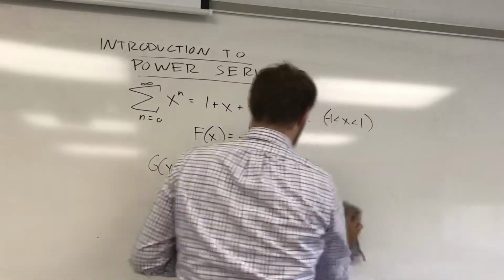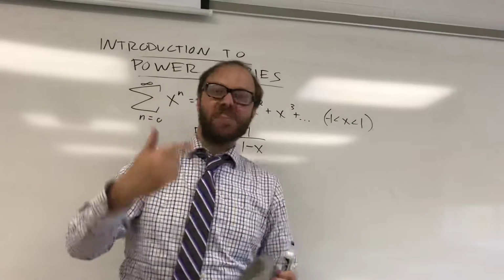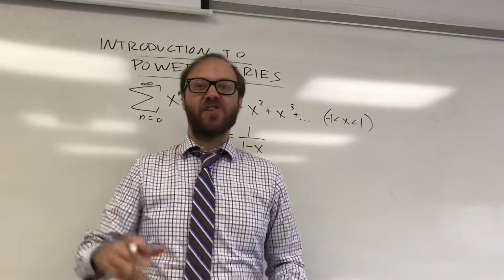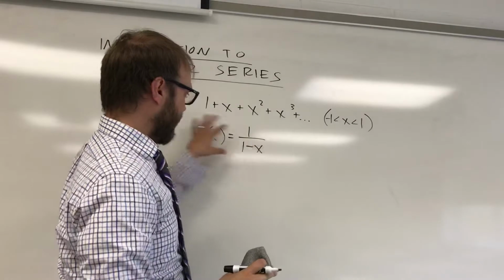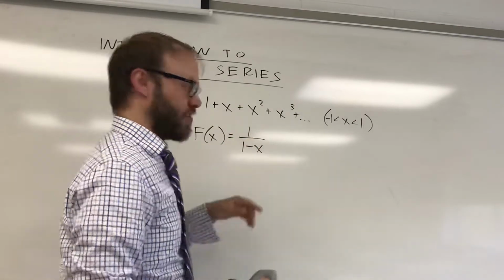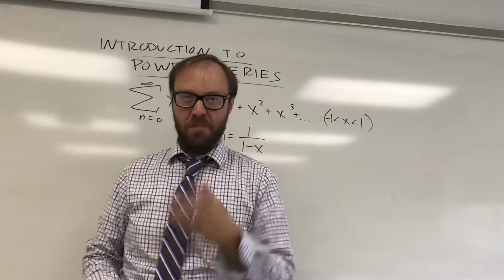The second scenario we talked about was cases where you replace the input value in the function with something else, okay? So the function that we're modeling here is 1 over 1 minus x, or as I like to think about it, 1 over 1 minus the input value, okay?